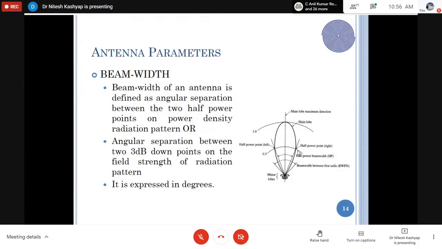The angular separation between the 3 dB down points on the field strength of the radiation pattern is called the half power beam width, and it is expressed in degrees. Basically there can be 120 degrees, the separation between these two points where the power is half of the radiation.